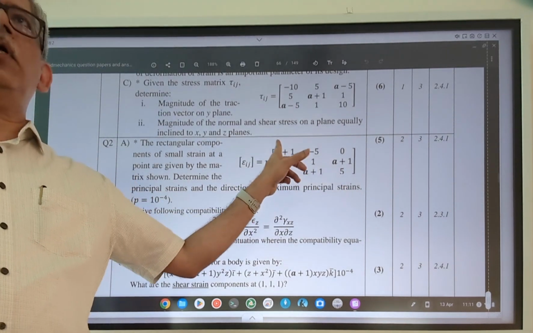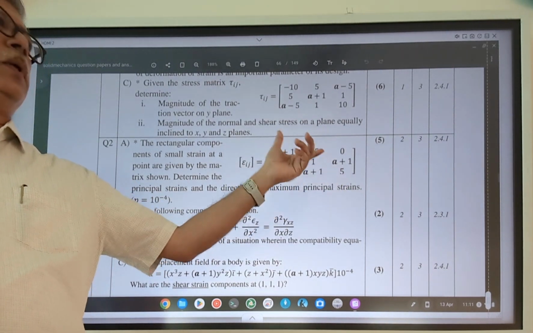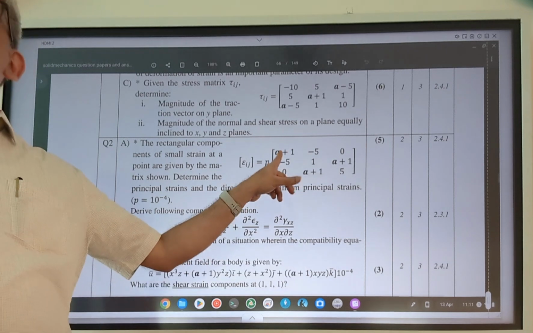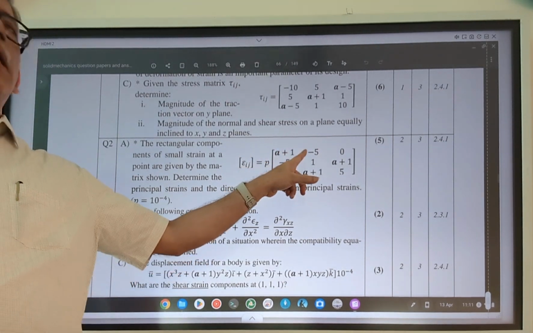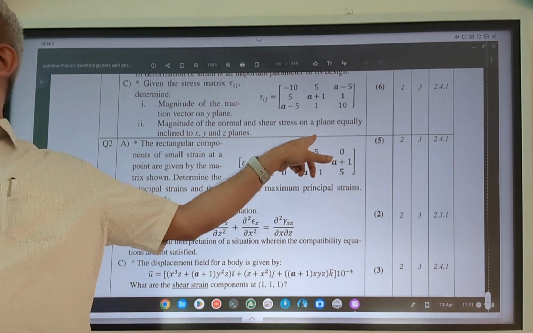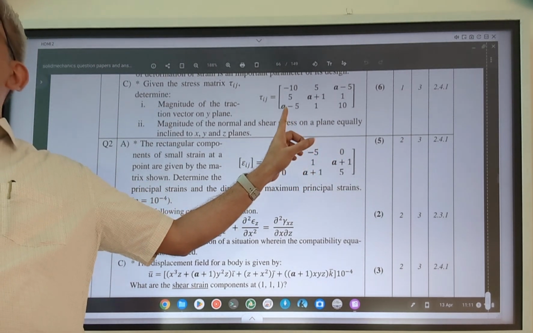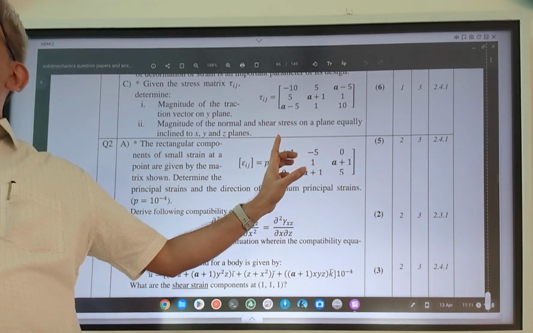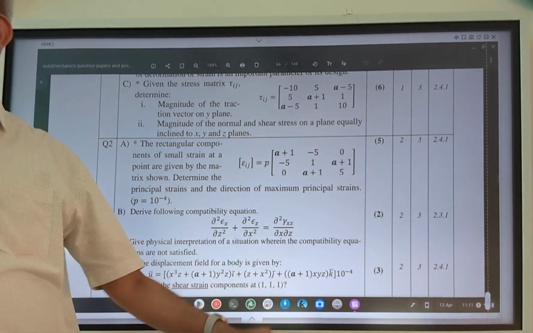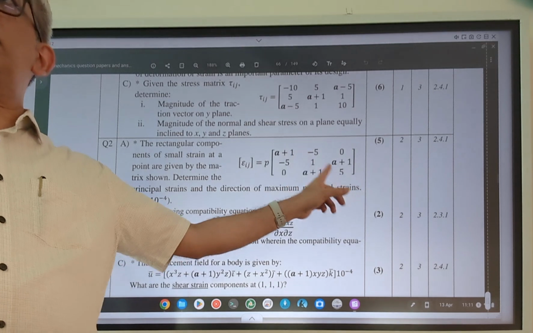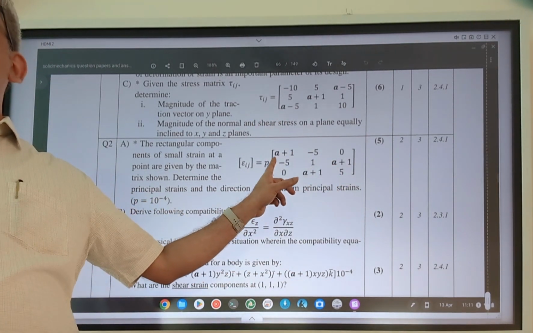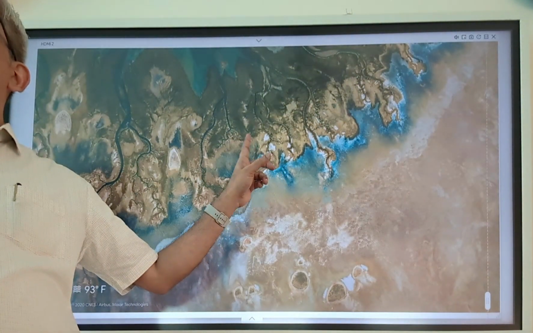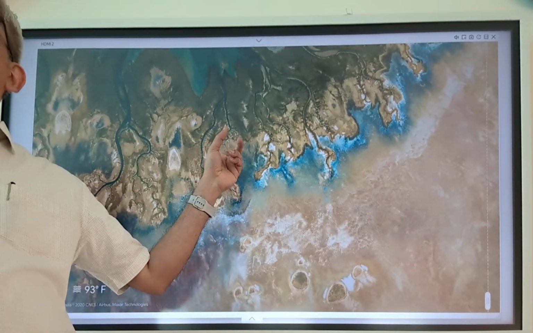From the diagonal terms, you have to subtract whatever number you want, and then proceed. Specifically in case of strain problems, there is some modification to be done in these numbers. What is that modification? No, subtraction is there for both stress and strain. But in case of principal strains, there is a major difference.